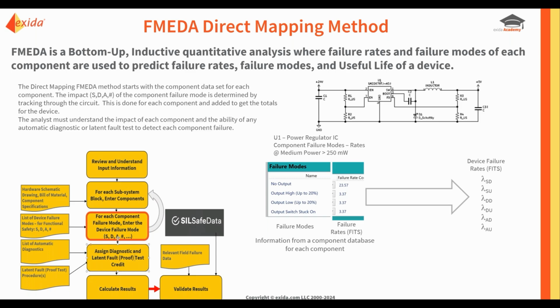We would get component data, including failure modes and failure rates for each failure mode, and we would directly map them into the device level failure rates, one line at a time, often using a spreadsheet. We would have to trace through the circuit, through the later circuits, all the way to the safety output, back and forth, tracing through the design. It was kind of fun, but it was also a bit tedious.